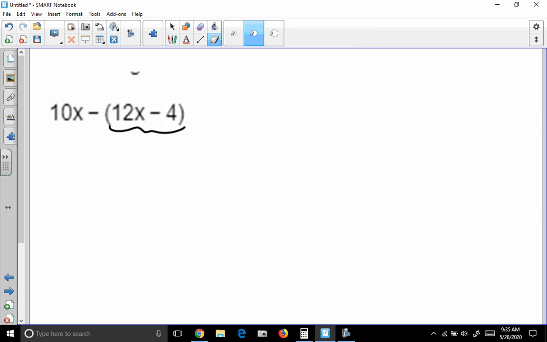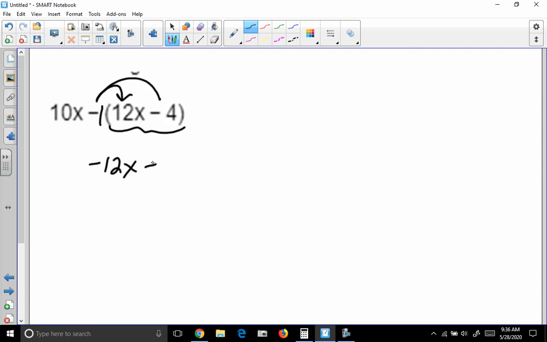And we'll talk about that more later on. But when we have a negative in front of a parenthesis, we can think about having an understood 1 there. So we're going to do negative 1 times that first number. So negative times positive is negative. Of course, 1 times anything is that amount. Negative times negative is positive, and 1 times 4 is 4.